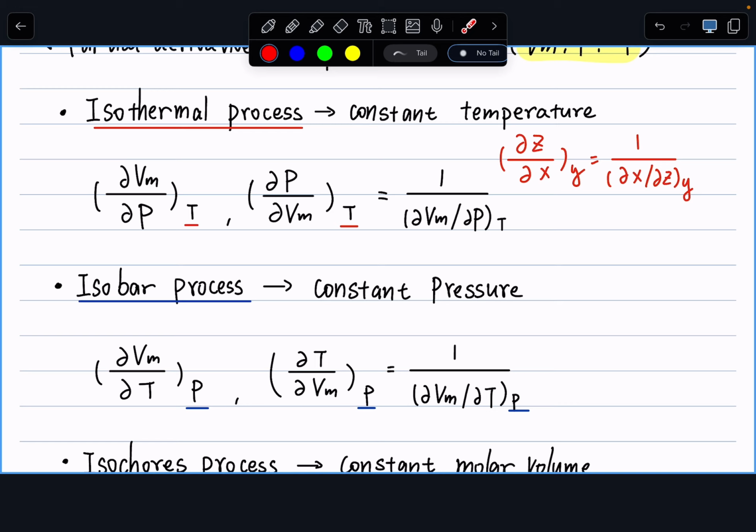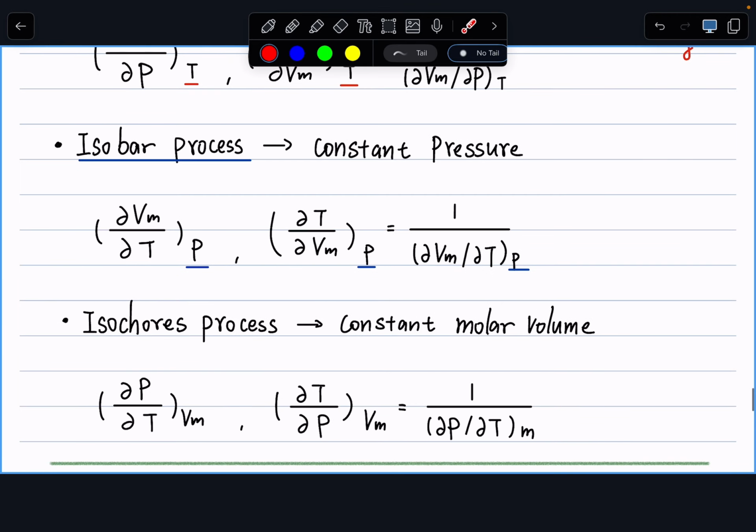The third one, obviously, is keeping our volume constant, which we call an isochoric process. So these are 3 more terminologies in thermodynamics: isothermal, constant temperature; isobaric, constant pressure; and isochoric, constant volume.